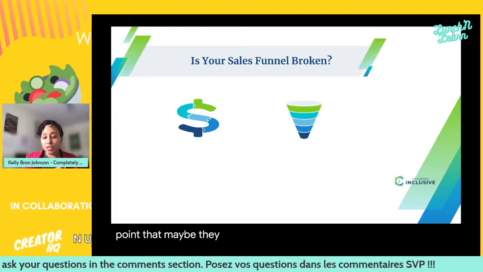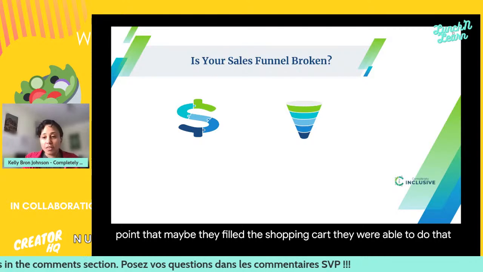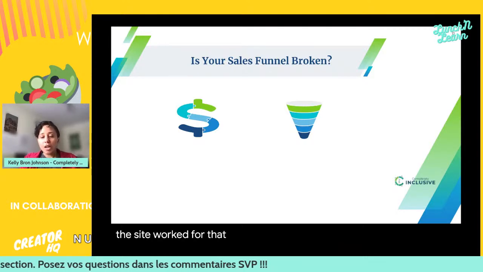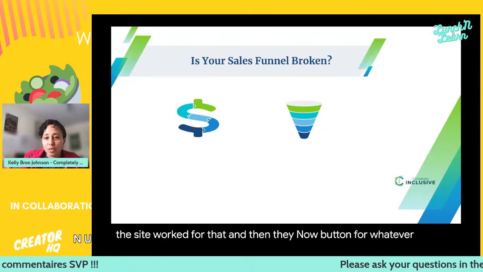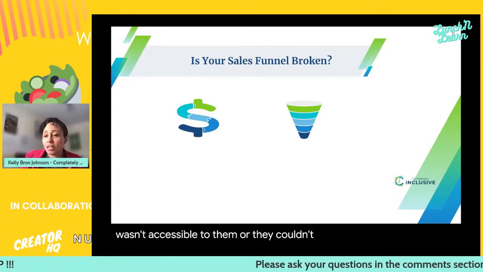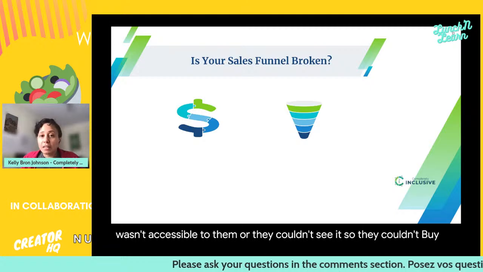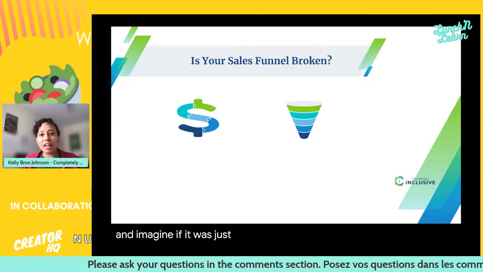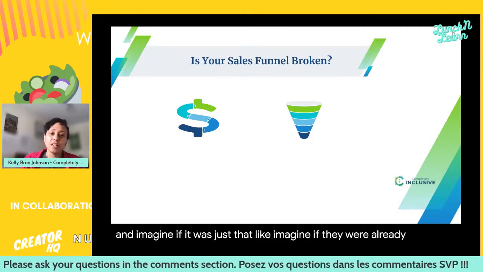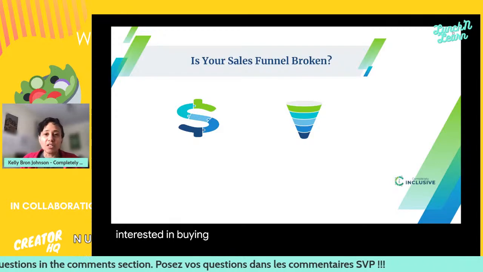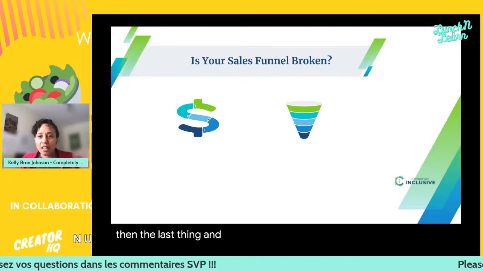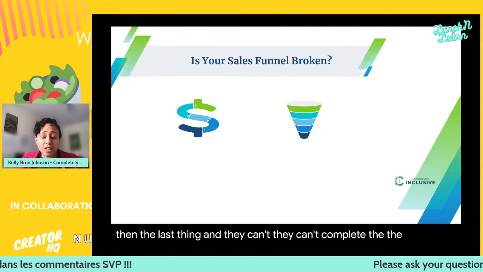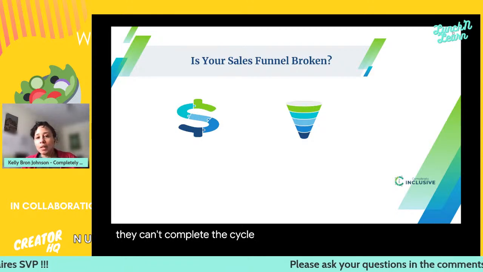to the point that maybe they filled the shopping cart, they were able to do that, the site worked for that, and then they got to a certain part and the pay now button, for whatever reason, wasn't accessible to them, or they couldn't see it, so they couldn't buy. And imagine if it was just that. Like, imagine if they were already interested in buying, they've already been sold, they're ready to go, and then at the last thing, they can't complete the funnel, they can't complete the cycle.